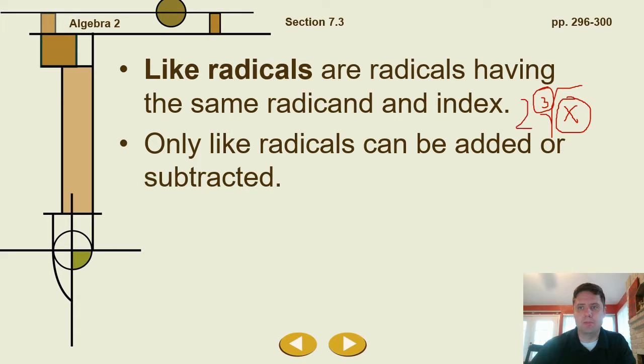So if I had, for example, 2 cube roots of x plus a cube root of x, well, that would be like 1 cube root of x plus 2 cube roots of x, which would give me 3 cube roots of x. So we just have to make sure that both the radicand and the index match each other. Then you can add them together or subtract them.